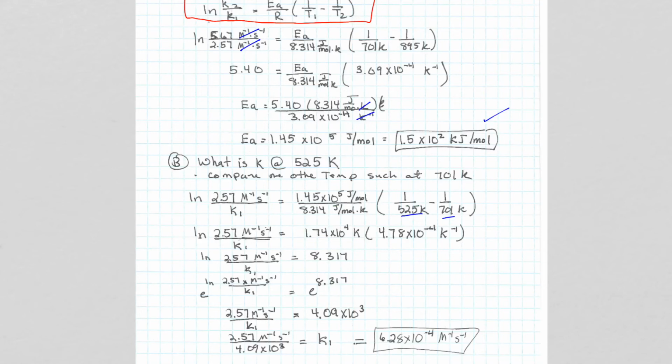Now we know the activation energy, right? 1.45 times 10 to the 5th joules per mole. Notice I use joules per mole, not kilojoules. Why? Well, because notice our gas constant is in joules per mole Kelvin. So our joules per mole here is going to cancel out.